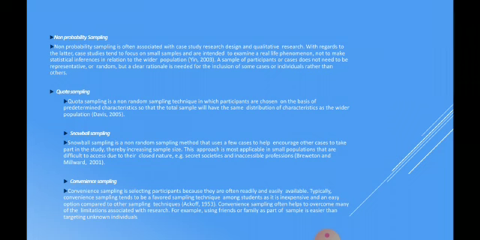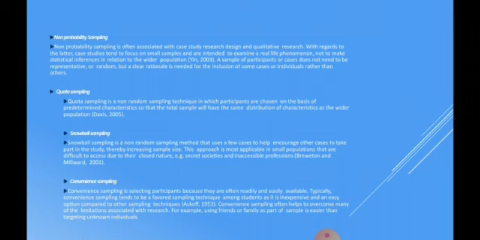Next method, snowball sampling. Snowball sampling is a non-random sampling method that uses a few cases to help encourage other cases to take part in the study, thereby increasing sample size. Next method, convenience sampling.